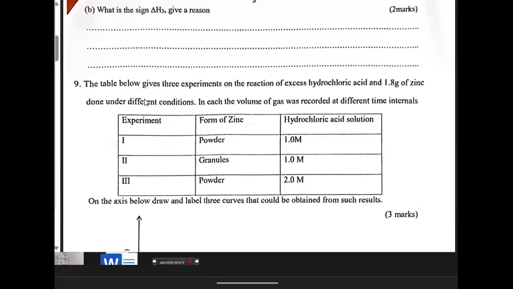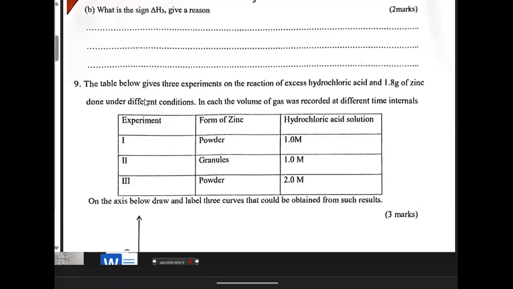So if we draw the curves that are down there, the steepest is going to be Roman number 3 because the amount is high and the particles are very small. It is going to be followed by Roman number 1. Roman number 1 will react faster than Roman number 2 because the amount of the acid is the same, but in Roman number 1, the particles are smaller.